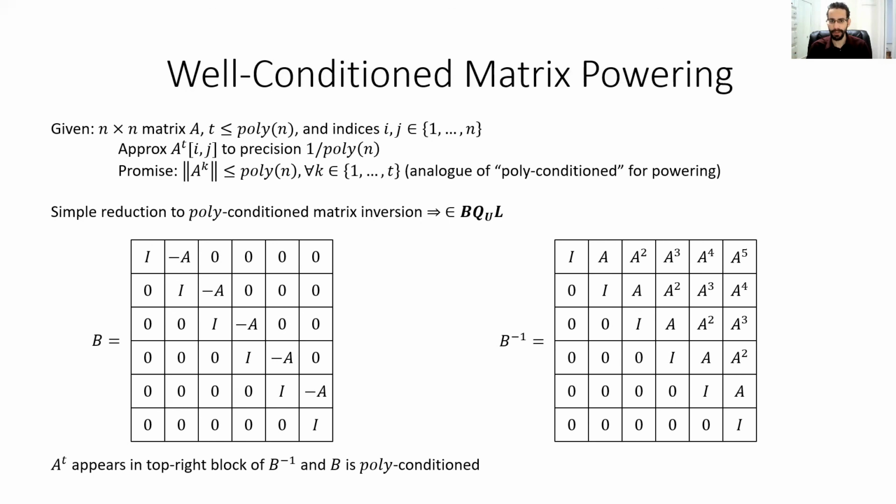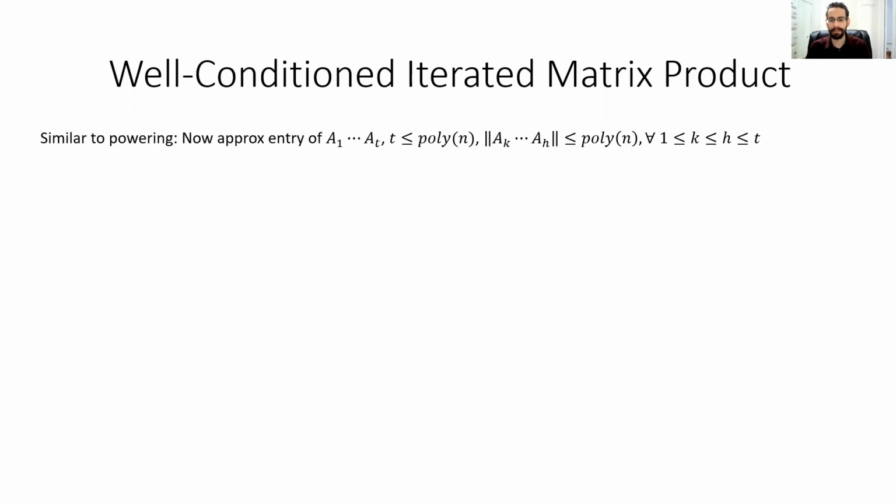This idea can then straightforwardly be extended to the well-conditioned iterated matrix product problem. This problem is like powering, except now we consider the product of polynomially many, potentially different matrices. Using a similar idea, we can reduce this problem to polyconditioned matrix inversion, and therefore conclude that this problem is also in BQUL.